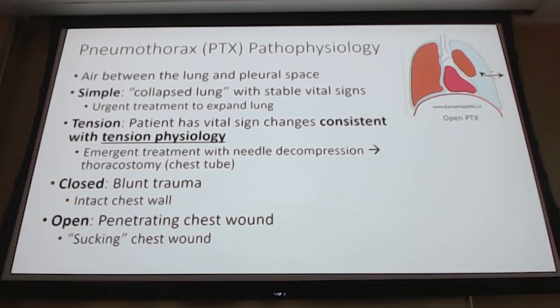Okay, instead of it closed, you breathe air in, and it just accumulates in the chest. It doesn't have anywhere else to go. Okay, when you have that tension physiology, that's when you need to emergently do a chest decompression with a needle thoracostomy, okay, and then a tube thoracostomy after that.